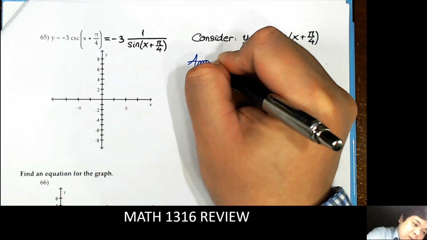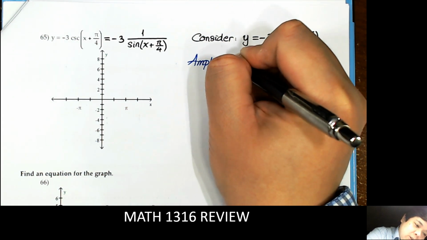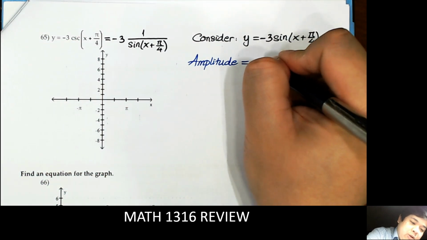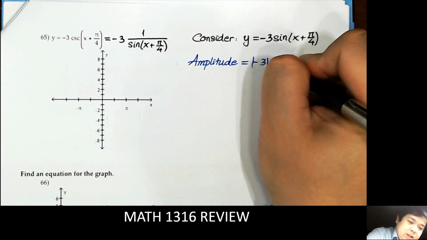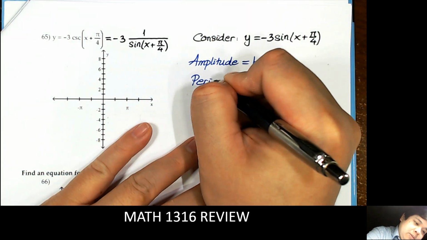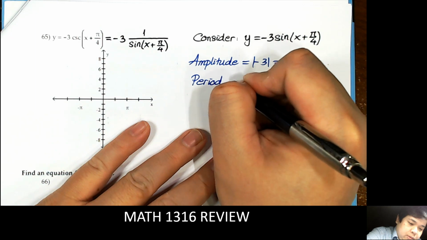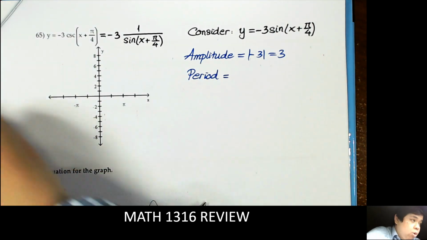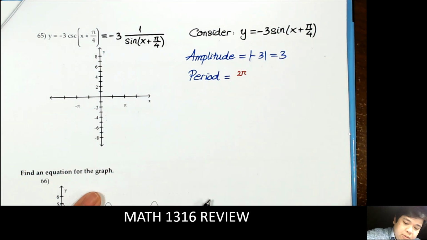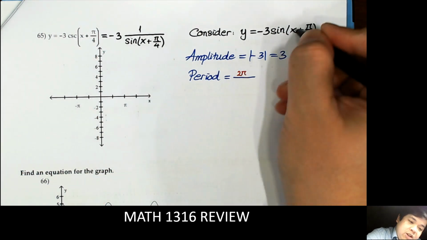Amplitude: the absolute value of negative 3 is 3. Period: by default is 2 pi divided by the coefficient of x.